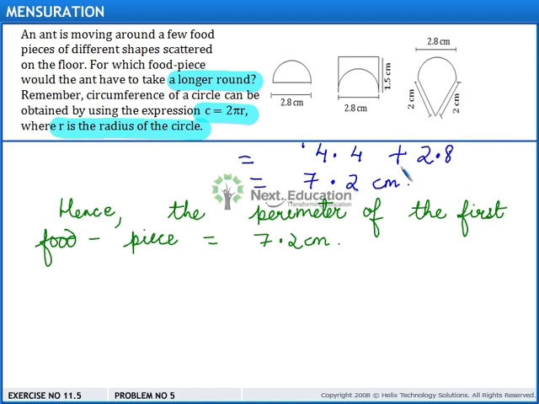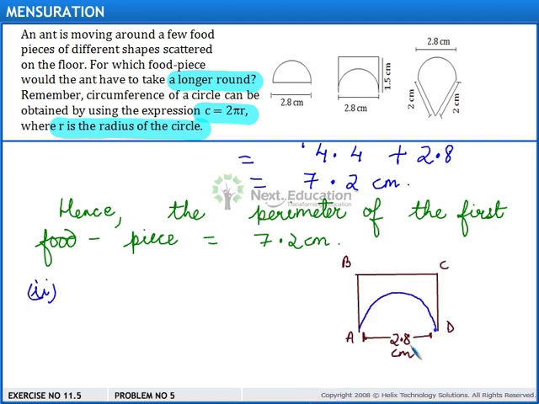Next, we have to consider the second foot piece. So we have redrawn the foot piece. Let us name the ends as A, B, C, D. We have to find the perimeter of ABCD. So that is AB plus BC plus CD and this arc AD.